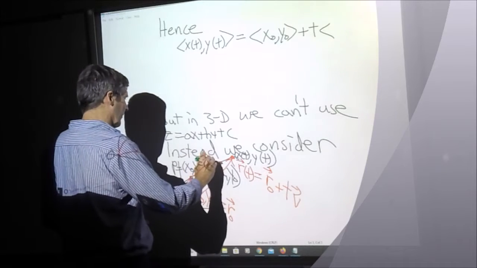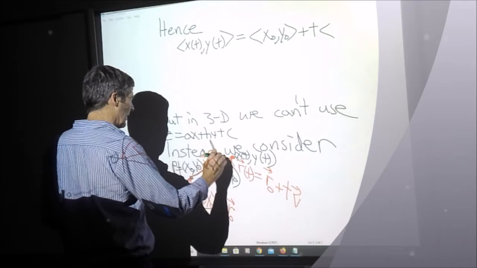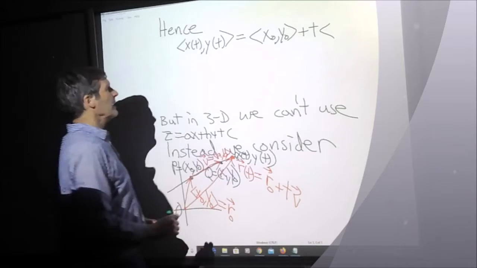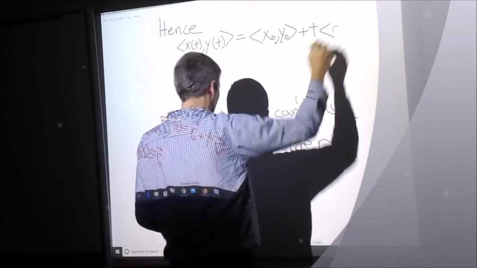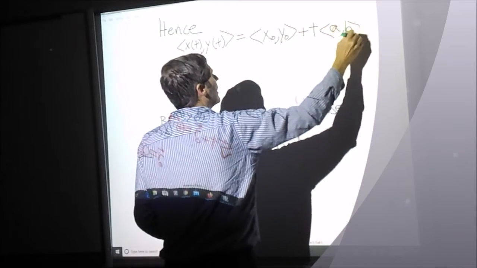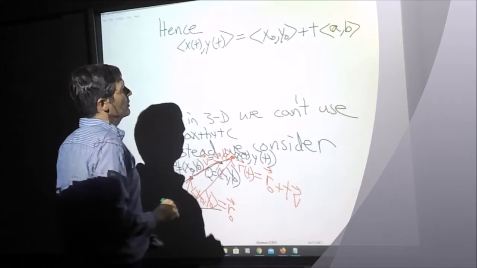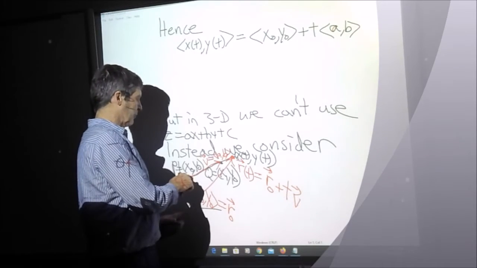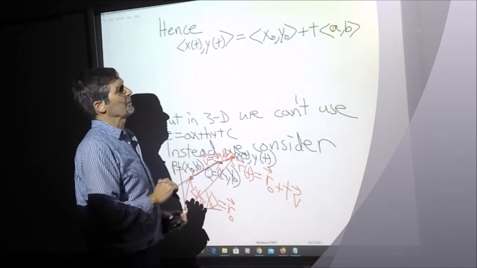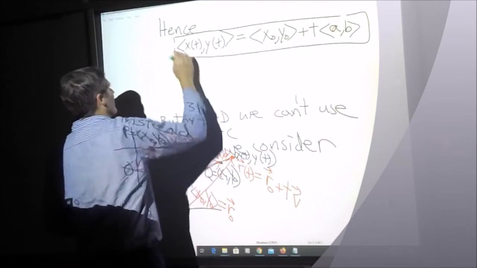Let's give v components a, b, so I can get to any point on the line by writing the x and y coordinates as a vector of this point plus an arbitrary multiple of this vector v with components a, b. So this is called the vector parametric form for a line.